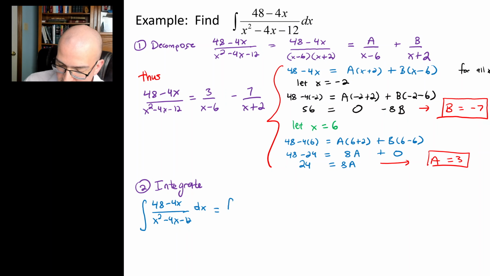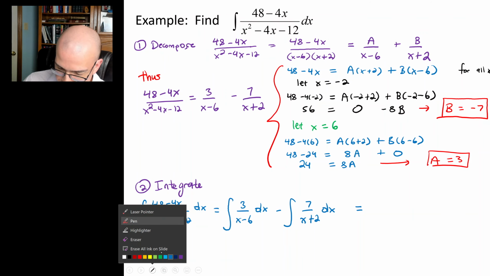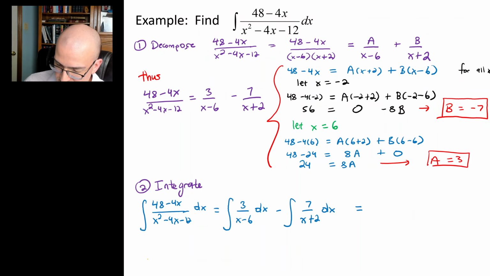We can rewrite that as the integral of 3 over x minus 6 minus the integral of 7 over x plus 2. For the first integral, we use substitution. We would let w equal x minus 6. For the second integral, we use substitution.